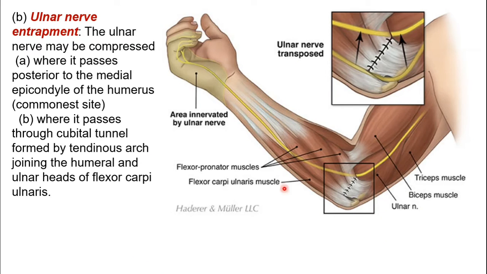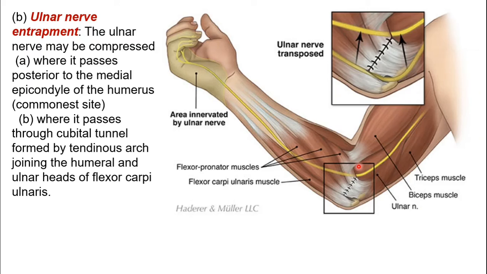And the ulnar nerve passes from behind the medial epicondyle. This is the first site where compression of this nerve occurs, posterior to the medial epicondyle of the humerus, which is the commonest site. The other site is where it passes through the cubital fossa.